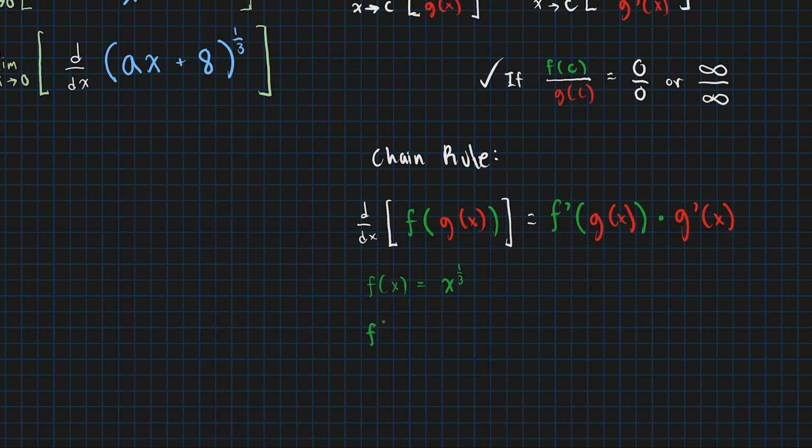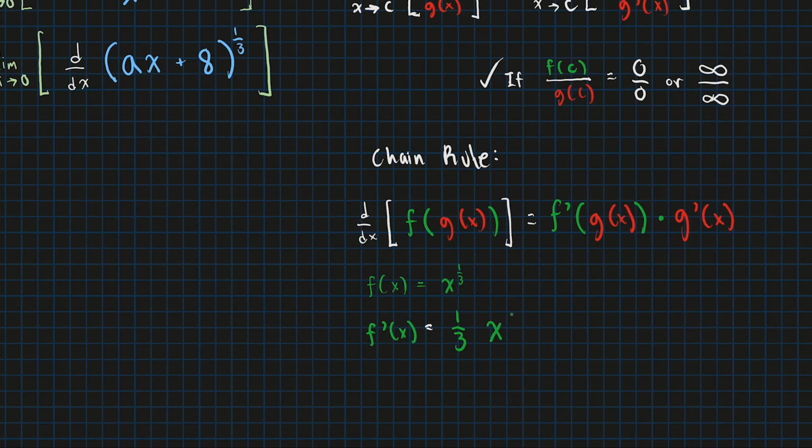So what we can do, we can take f prime of x and just plug in g of x wherever we see x. So f prime of x, if we use our power rule, is equal to 1/3 times x to the 1/3 minus 1. What is 1/3 minus 1? Well, that's just 1/3 minus 3 over 3, which is -2/3.